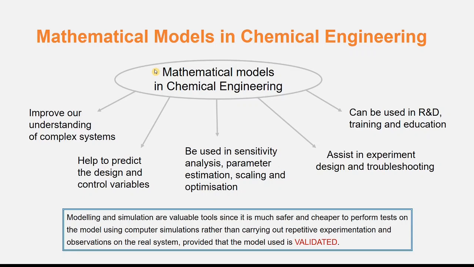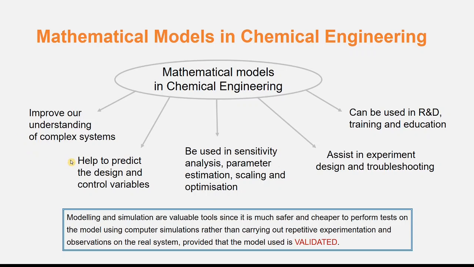There are many uses of mathematical modeling in chemical engineering. Models can help us understand complex systems. Rather than only looking at measurable quantities from experiments, a good model that matches these results can also give us other quantities that are hard to measure, and we can learn more about systems in this way.